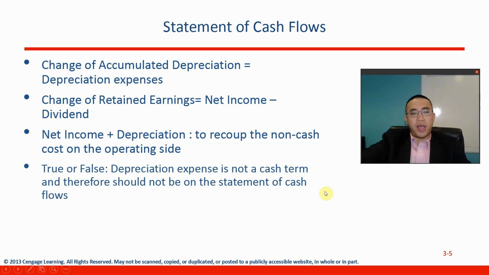Here is a practice question. True or false? Depreciation expense is not a cash term and therefore should not be on the statement of cash flows. Well, depreciation expense for sure is not a cash term. This part of the statement is correct.